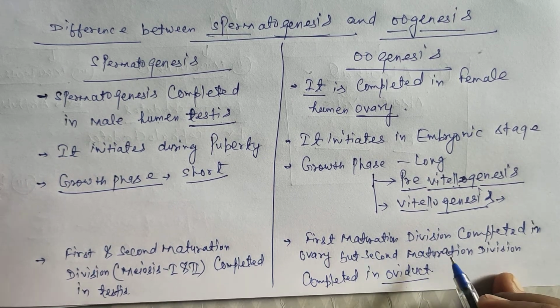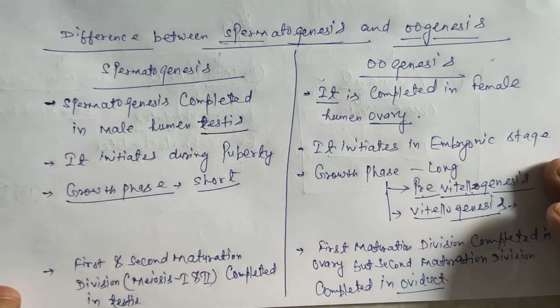It is an accessory reproductive organ in female humans, other name fallopian tube.